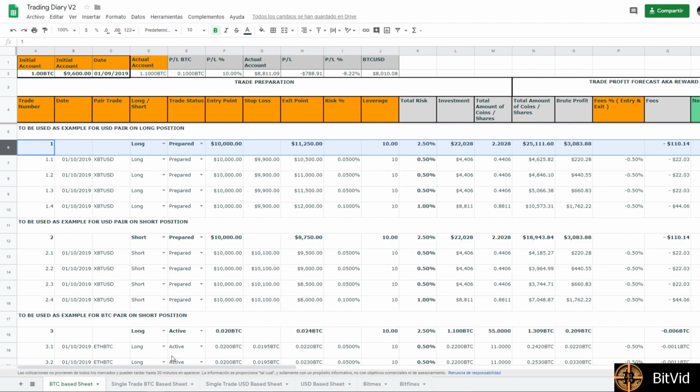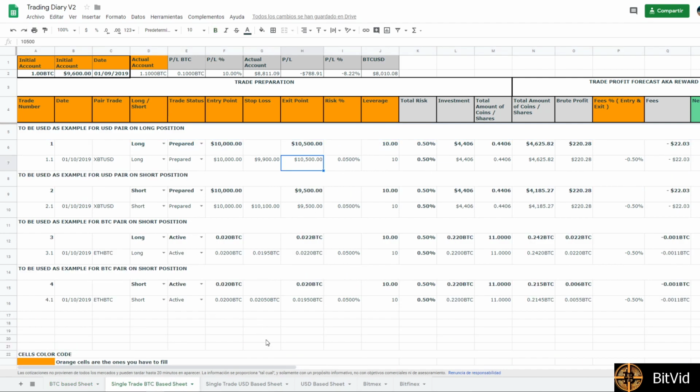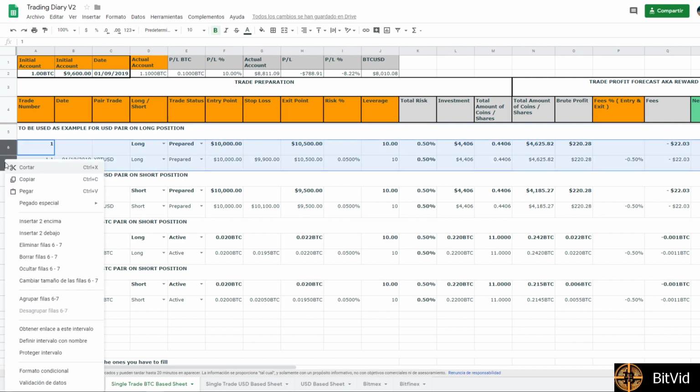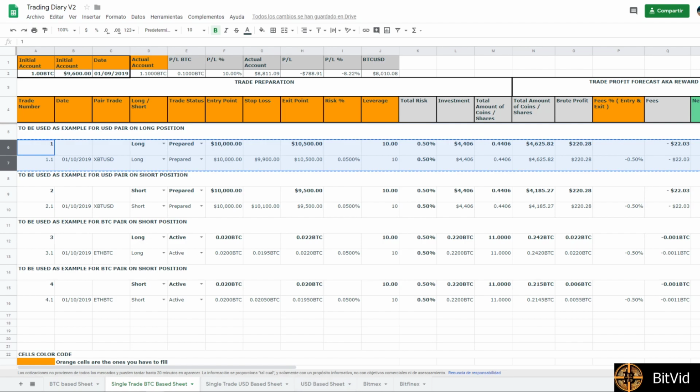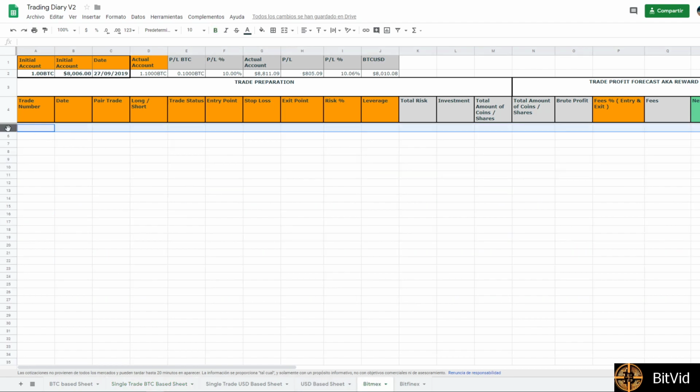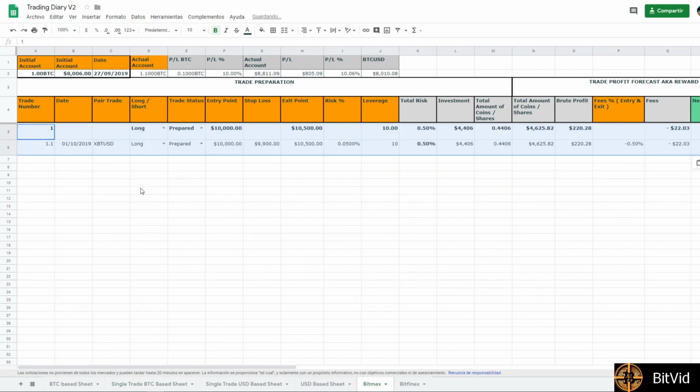So for the example, we will begin with a single trade, so as not to mess too much. In that case, let's imagine that we enter a long position. So what we do is copy these 2 files, go to the BitMEX account, and paste. So we have here all the formulas to be used in that trade.